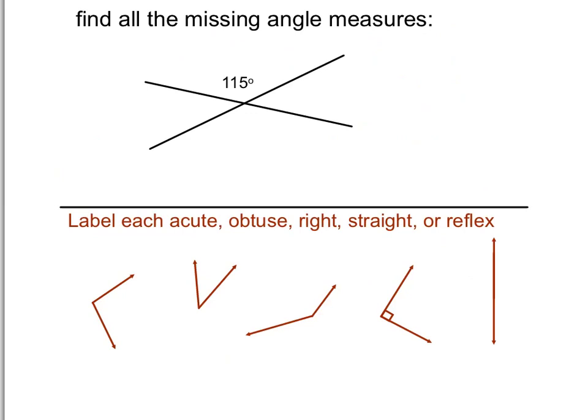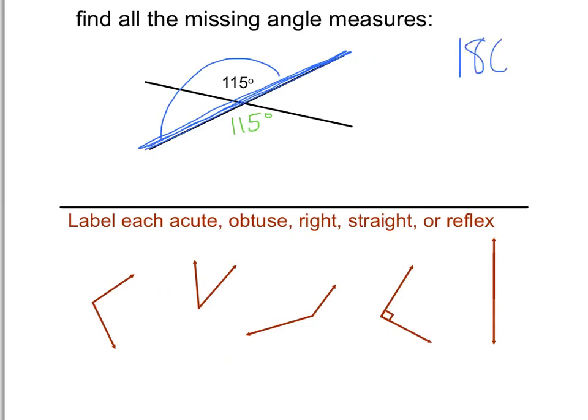Alright, it says find all the missing angle measures. So knowing that angles that are across from each other are vertical angles and that they are congruent, which means the same size, we can automatically say that this angle here is also 115 degrees. What else do we know? We know that the angles that come together to make this line are 180 degrees. So this angle and this angle together make 180 degrees.